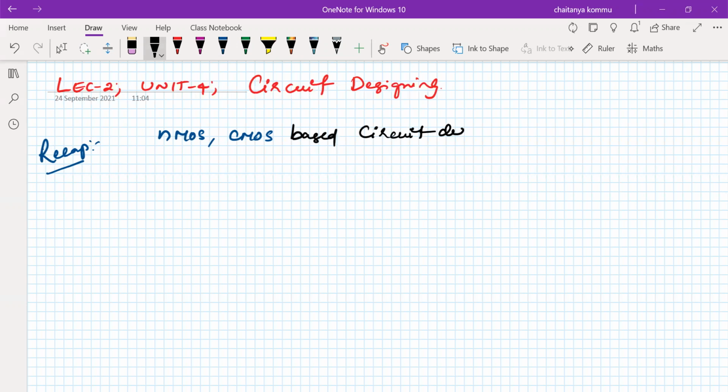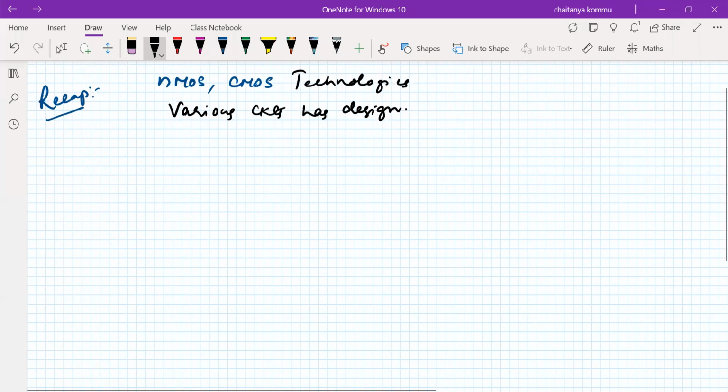Circuit design by using these technologies, various circuits have been designed.